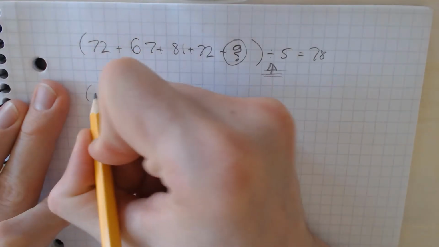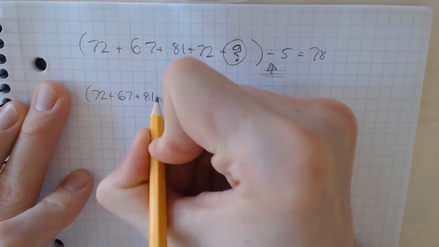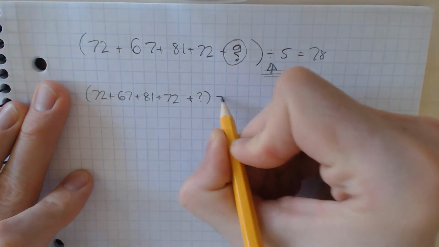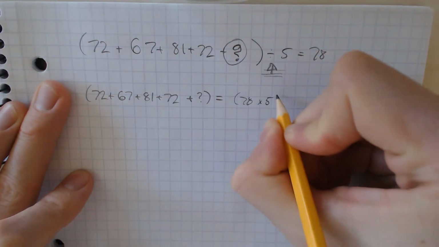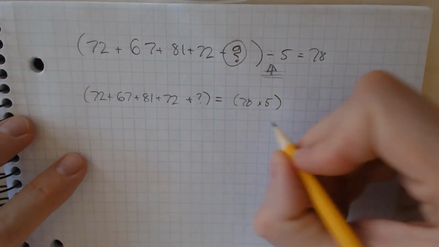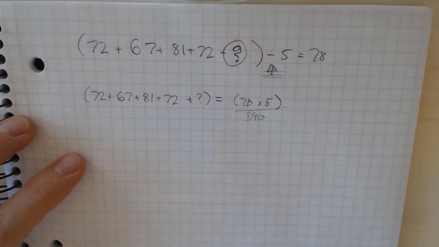That means that whatever's inside those parentheses must be 5 times larger than 78. So we can actually rewrite that expression. It's 5 times 78 will give us everything that we've added up in our parentheses, all 5 of our student marks. So we can calculate what 78 times 5 is. It's 390.